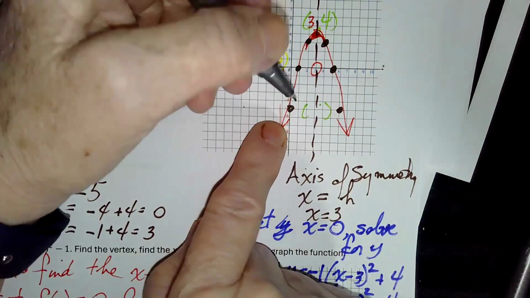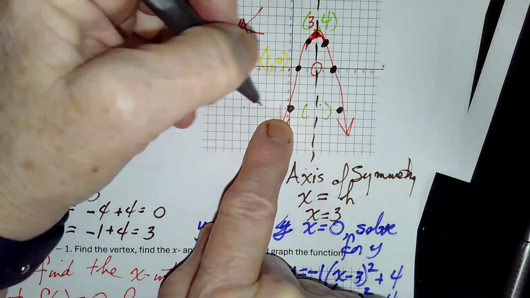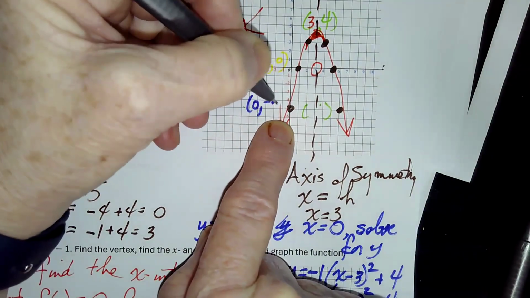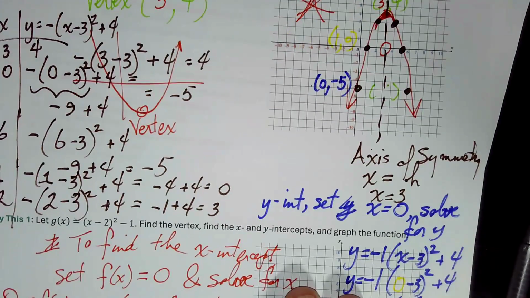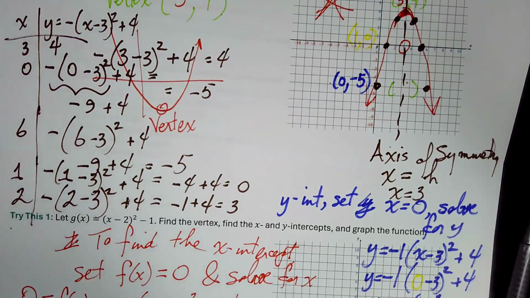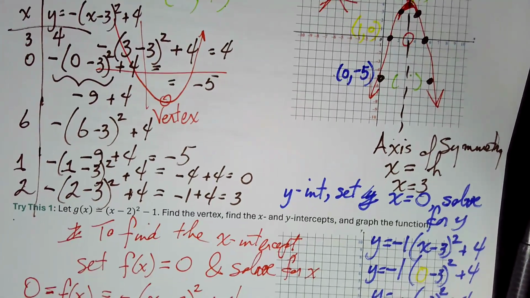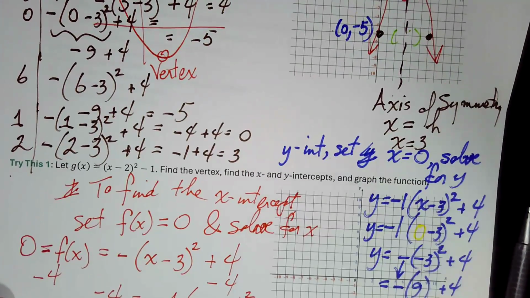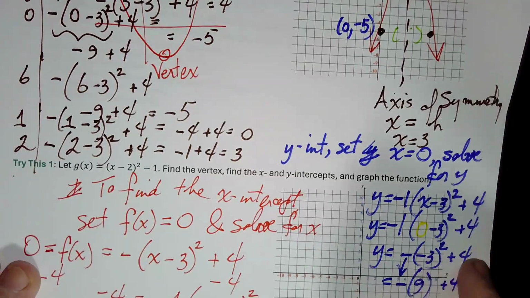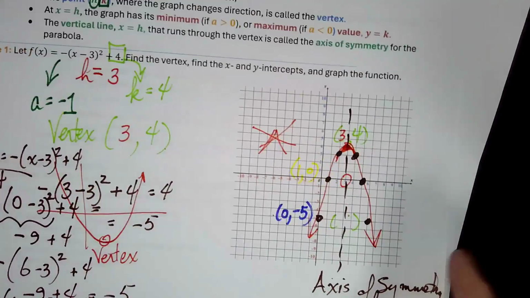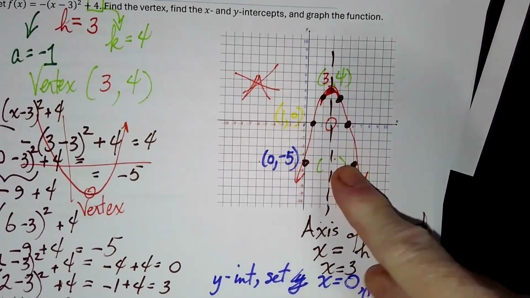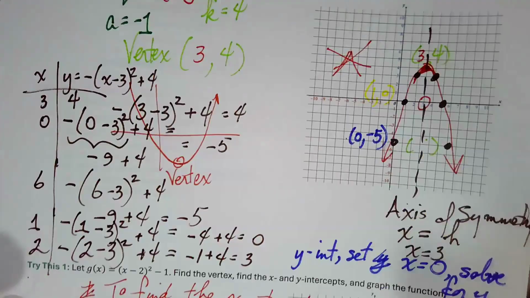And if we look, that's exactly what we found. But the way to find the y-intercept algebraically is to let x equal 0 and solve for y. So I think that's all of the stuff we wanted to do for this question.